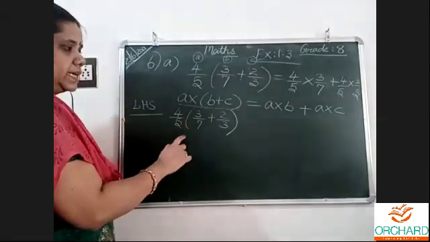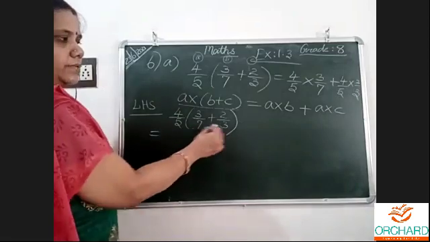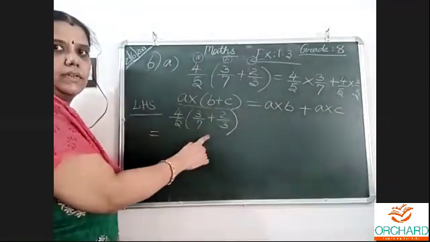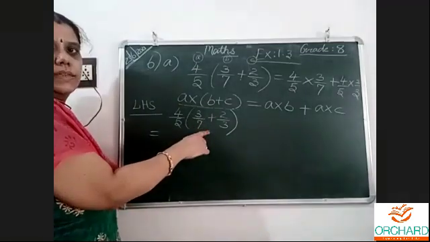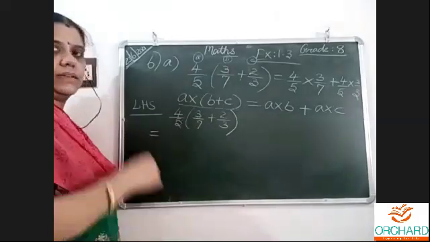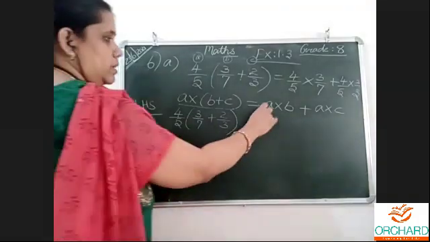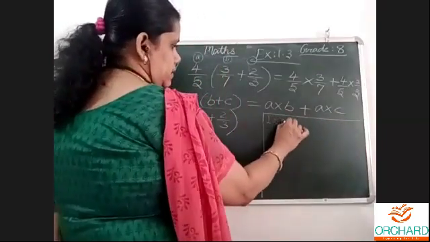Bracket means multiplication, so multiplication is not a problem. Here we should not cancel anything. These are under addition, so LCM. Whenever you have uncommon denominators with the addition symbol, straight away LCM only.